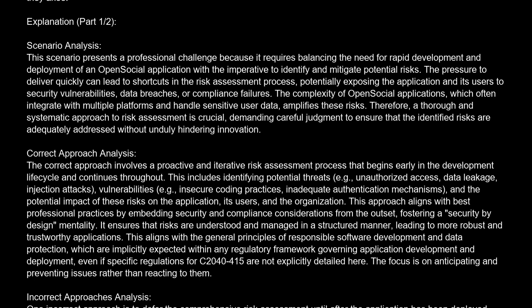The complexity of open social applications, which often integrate with multiple platforms and handle sensitive user data, amplifies these risks. Therefore, a thorough and systematic approach to risk assessment is crucial, demanding careful judgment to ensure that the identified risks are adequately addressed without unduly hindering innovation.